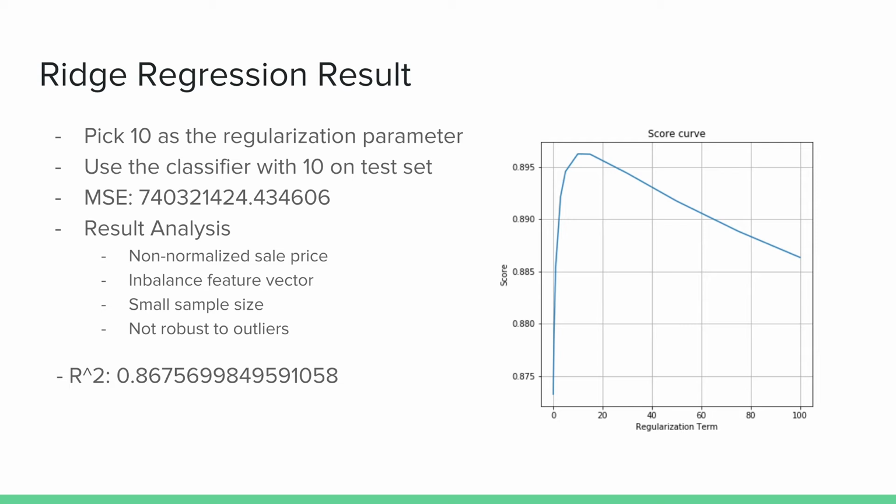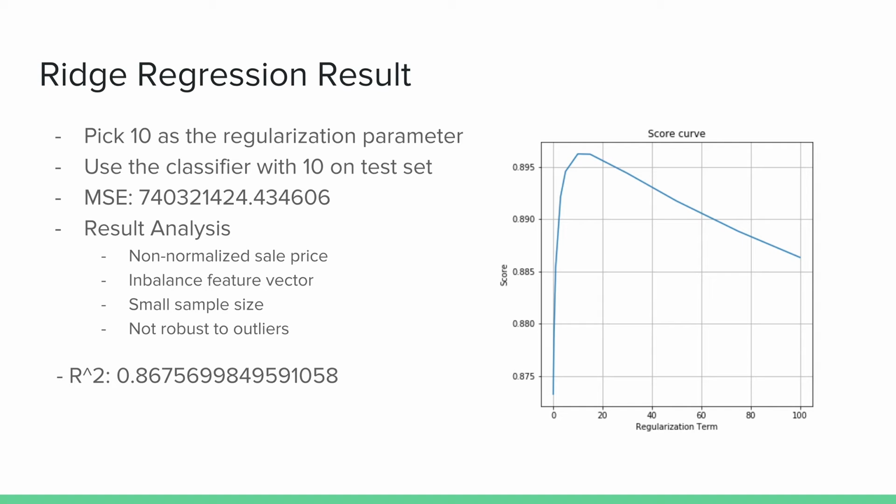After training, we apply the model on the validation set, and the mean square error is huge. There are several possible reasons for these huge results. The first is the scale of the target, which is the range of house price. The original house price is relatively big, such as 200,000 something, so the mean square error is huge.